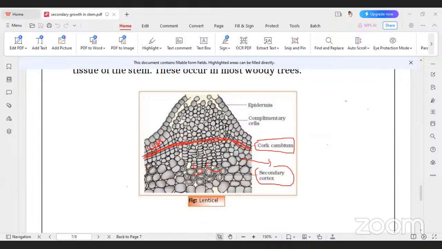These cells are called complementary cells. When the complementary cells are formed, the epidermis ruptures and makes some small pores. Through the pores, gas exchange takes place. This is about the lenticels. Is it clear? Yes, sir.